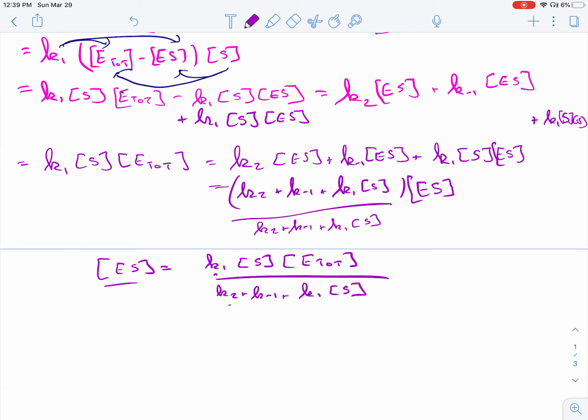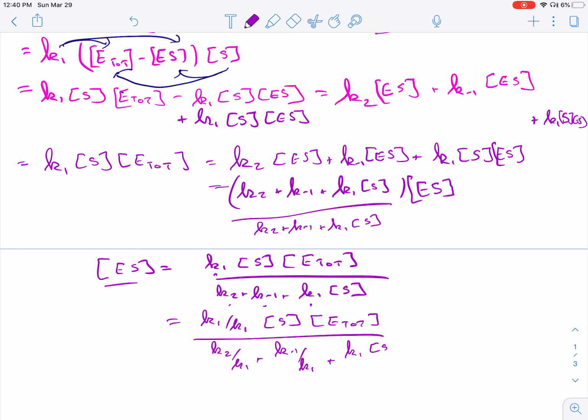All these Ks are constant, and so we can lump them all together to form a new constant, right? And we do that simply by dividing by K1. So here, take K1 divided by K1, S E total, over K2 divided by K1 plus K minus 1 divided by K1 plus K1S divided by K1.